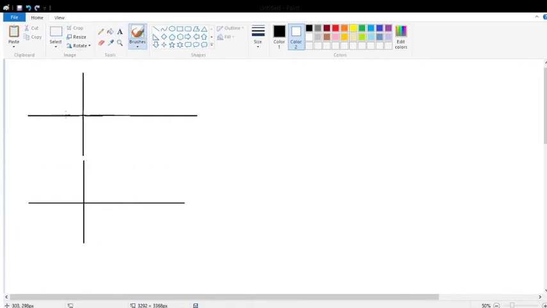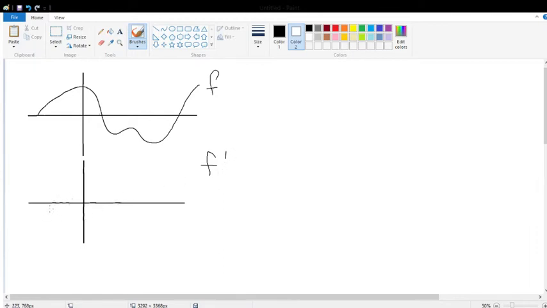So let's say you have a function that looks kind of like this. This is f. And they tell you, for some reason you need to find f prime.